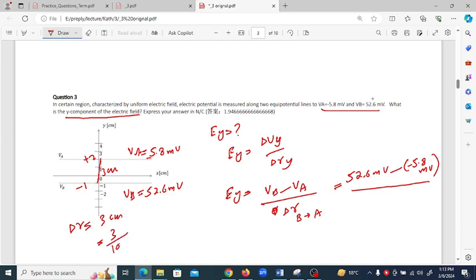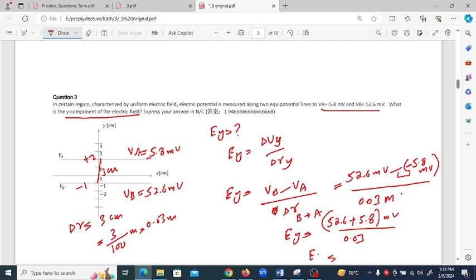But the answer is in meter, so we get 0.03 meter. So del R from A to B is 0.03 meter. Ey, the Y component of the electric field intensity, is equal to 52.6 minus minus 5.8, and minus minus gives a plus, so 52.6 plus 5.8 millivolt over 0.03.